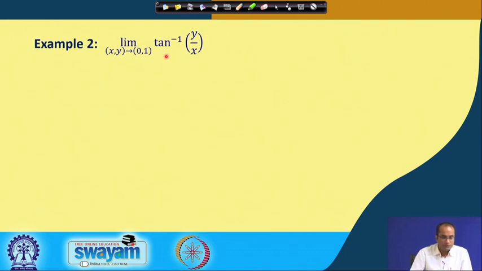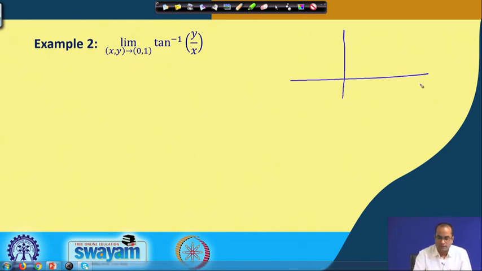The second example of this kind, we will take the limit as (x, y) goes to (0, 1) of tan inverse y over x. So, in this case we have again this x y plane and we are approaching the point (0, 1), so x is 0 and y is 1. So, somewhere here. We will take two paths again.